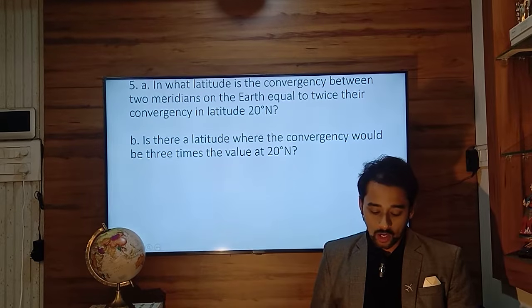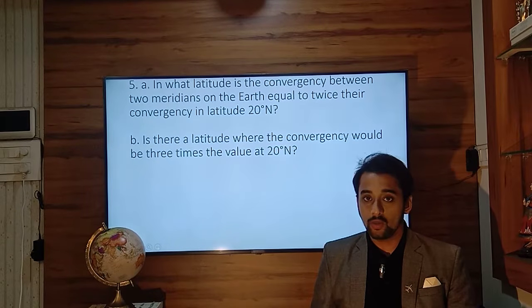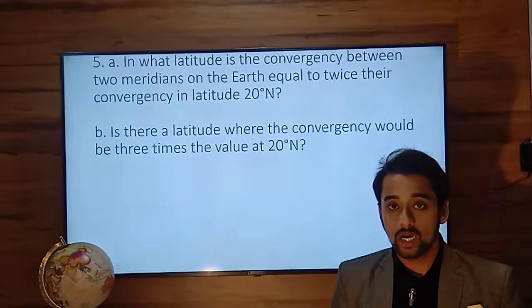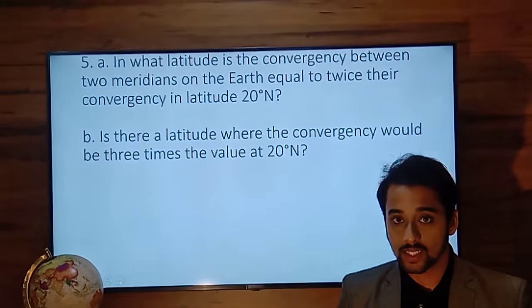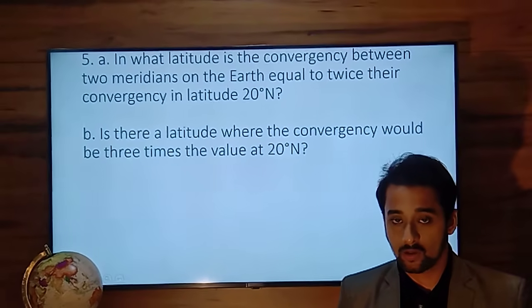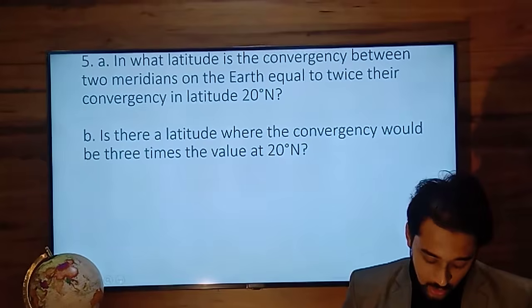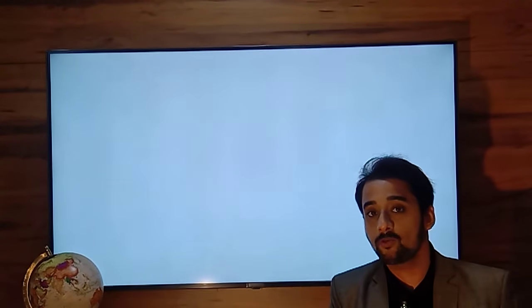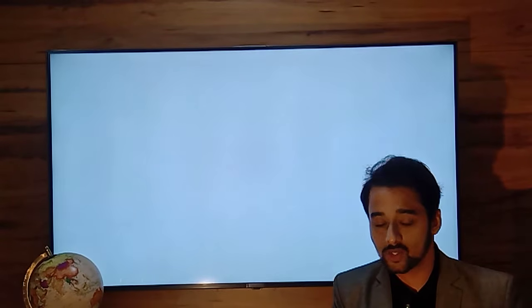Question 5. What latitude is the convergency between two meridians equal to twice the convergency at 20 degree north latitude? So here we have been given two latitudes. Let's take the latitude that we have to find out, the unknown latitude, as x.